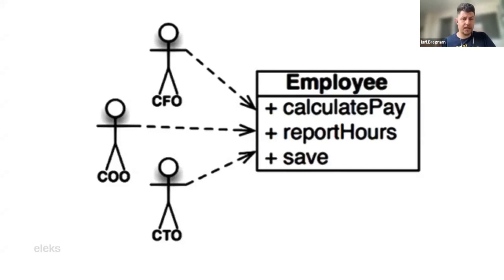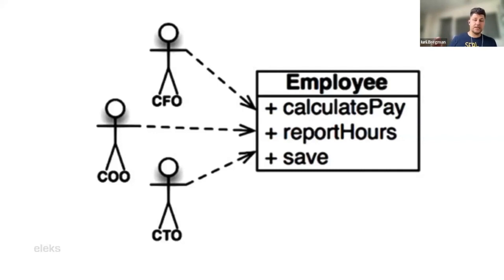The calculatePay method is specified by the accounting department, which reports to the Chief Financial Officer. The reportHours method is specified and used by the Human Resources department, which reports to the Chief Operating Officer, and the save method is specified by the database administrators, which derives from the Chief Technical Officer.